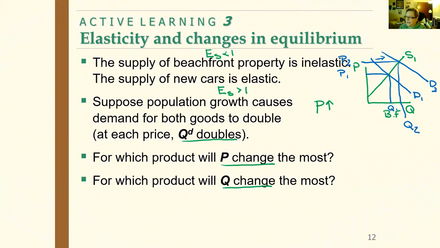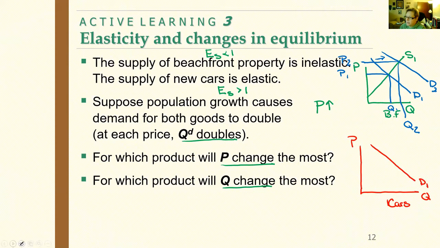Okay, now let's take a look at, and I'll do the supply of new cars in red. So I'm going to put new cars up here, and I'm going to put the quantity here and price. I'm going to start with the demand curve.